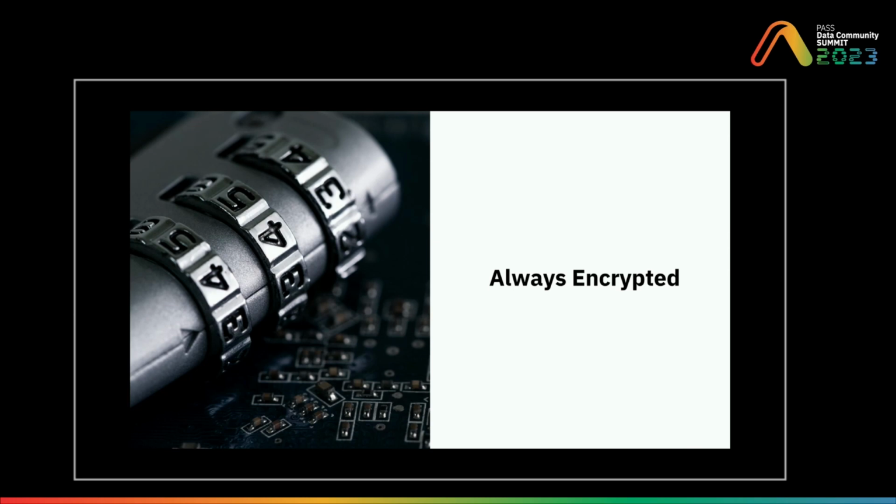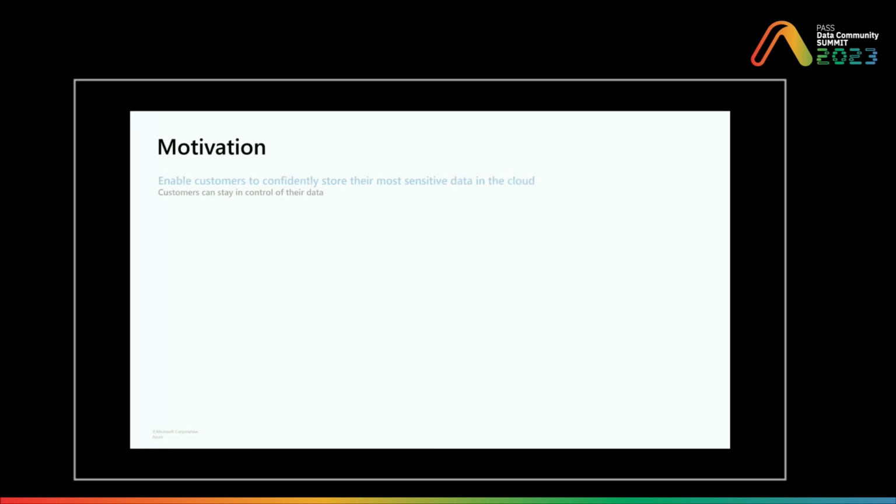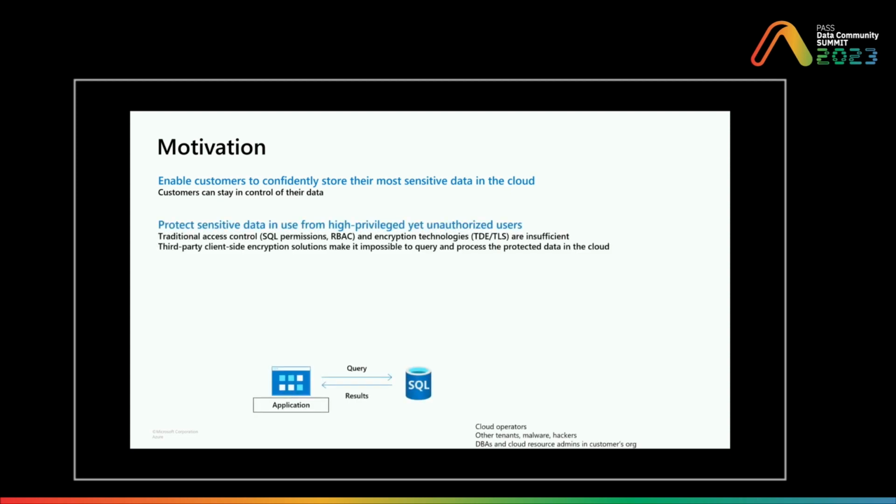So what is Always Encrypted? The motivation that we had is we want to enable our customers to store confidential information in the cloud, in their databases, but they still need to be able to use that data even though it is encrypted, right? So Always Encrypted is where we protect sensitive information on a column level.